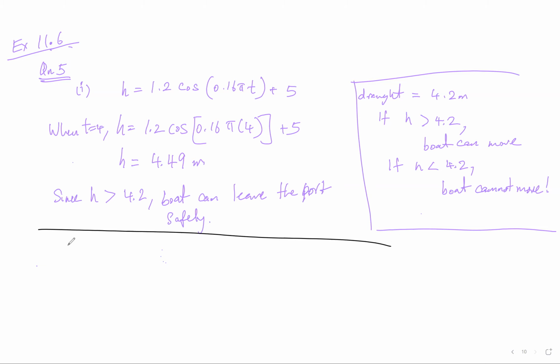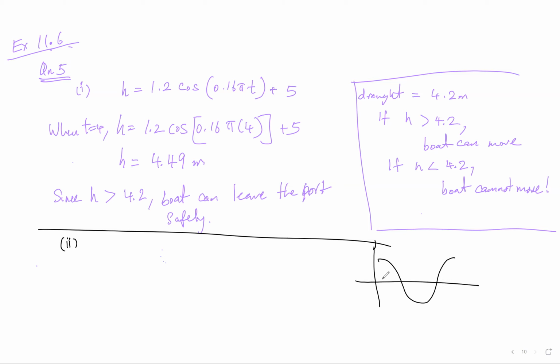This is part 2 now. Okay, part 2, for the boat to re-enter the port safely, you need to have a minimum 4.2. So that's what they are really asking you for. Okay, so basically, this is cosine, right? Cosine curve. So it's like this. Approximate.